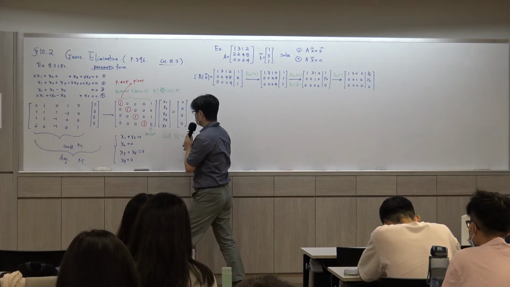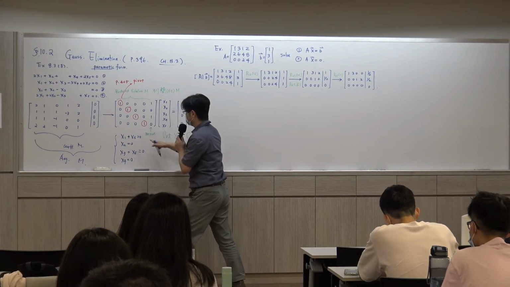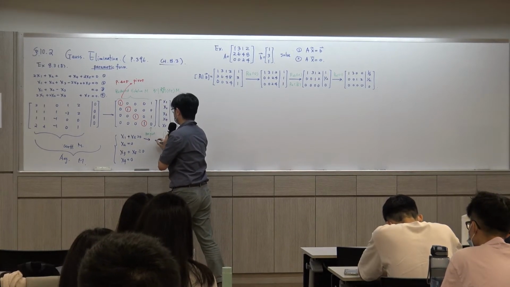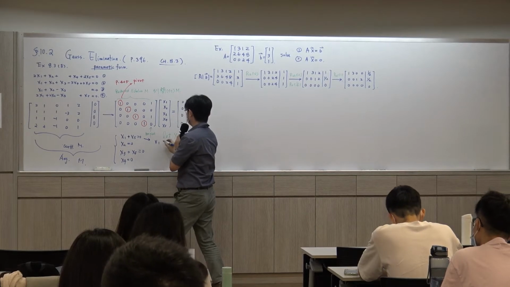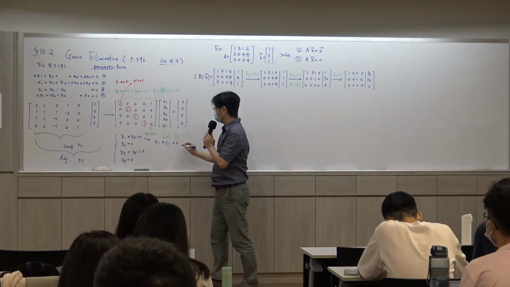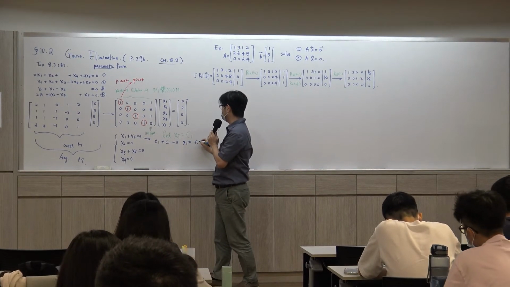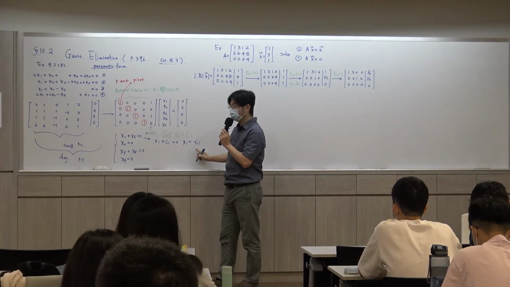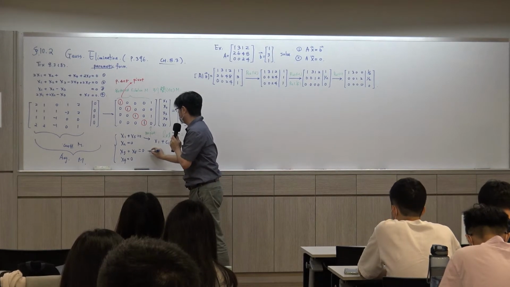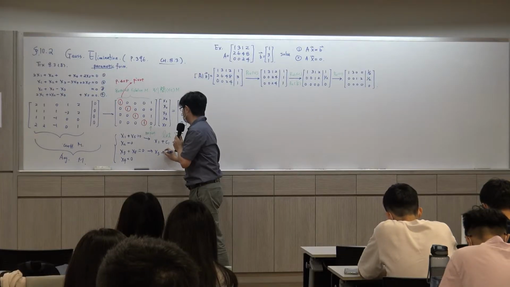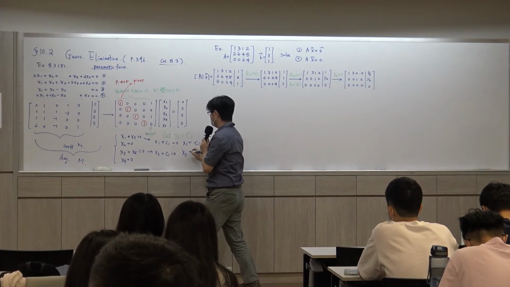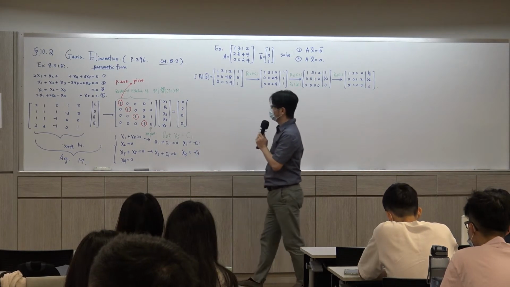With this assumption, the first equation gives S1 plus C1 equals 0, right? So it means S1 equals minus C1. And similarly, S3 plus C1 equals 0. It means S3 equals minus C1.